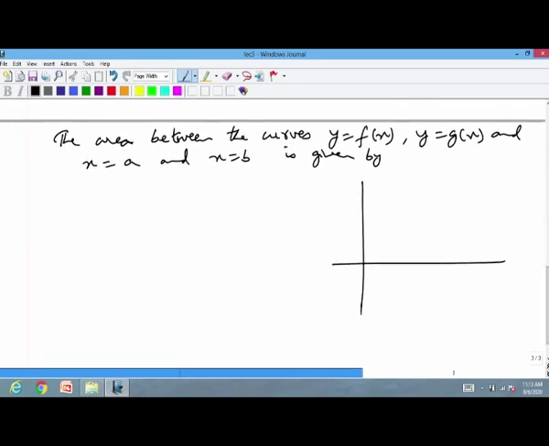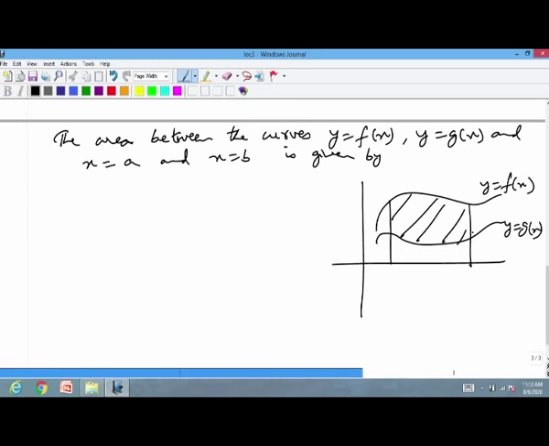Suppose we have two functions f x and another function g x, and we need to find this area. In this figure f x is greater than g x. So, this will be the integral from a to b of f x minus g x dx if f x is greater than or equal to g x.